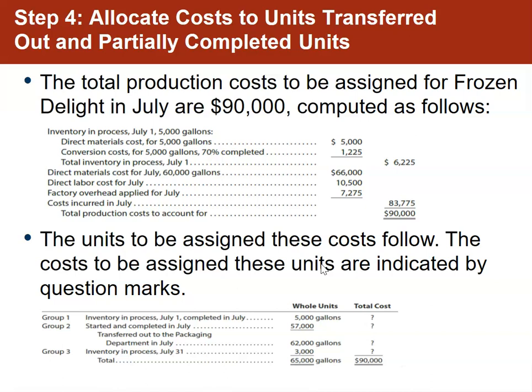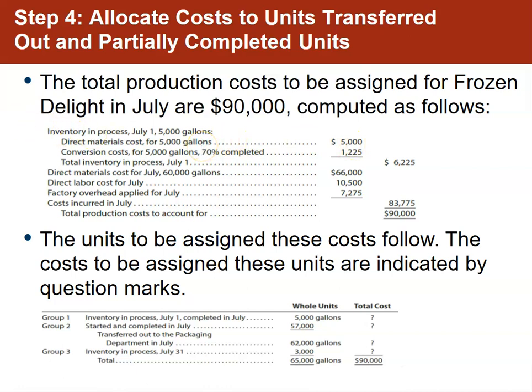I want to show you something here. It says that the total production cost to be assigned for Frozen Delight, that's the company we're dealing with, in July, are $90,000, computed as follows. And we have here our beginning work in process inventory amounted to $5,000 for the 5,000 gallons.